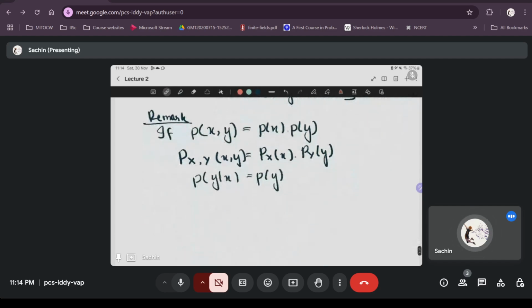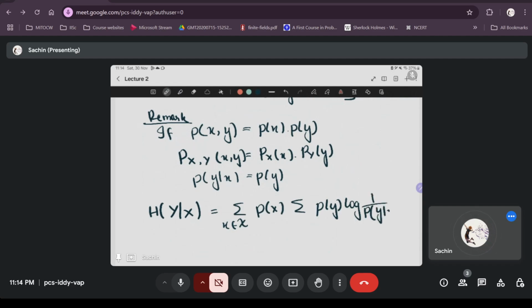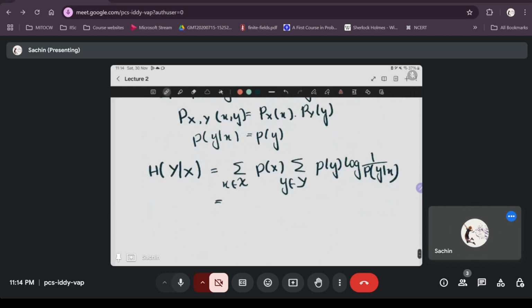So what will happen is H of y given x is simply the sum of p of x, x belongs to script X, times the sum of p of y log 1 over p of y given x, y belongs to script Y. Now p of y given x was just p of y.